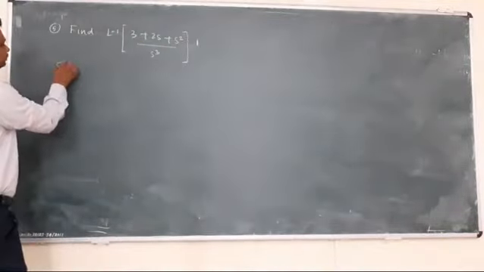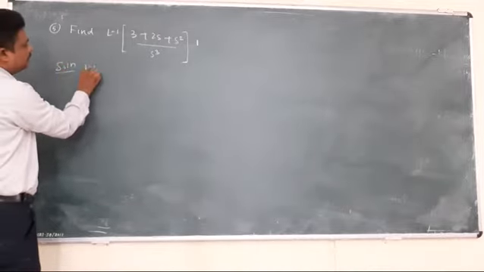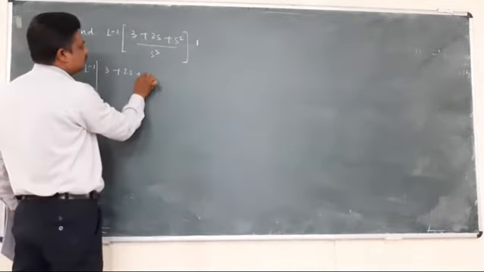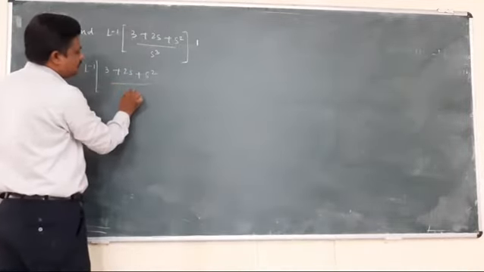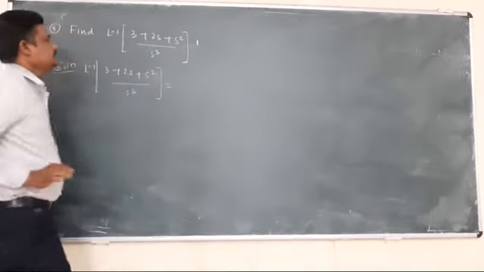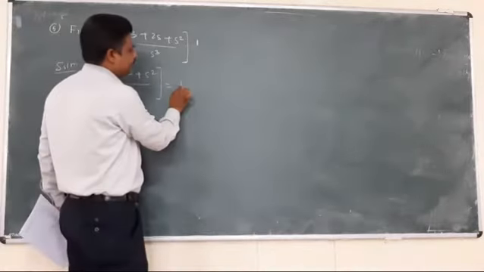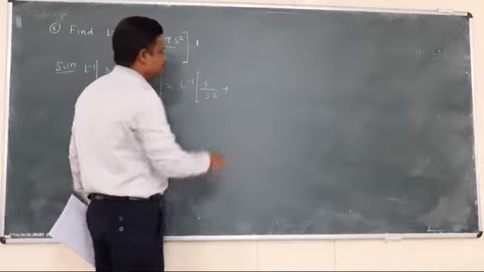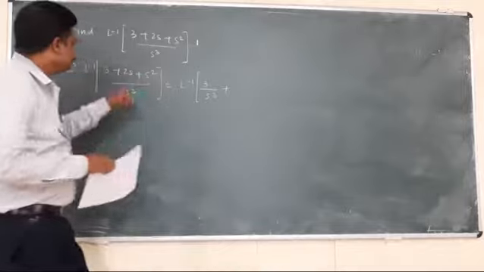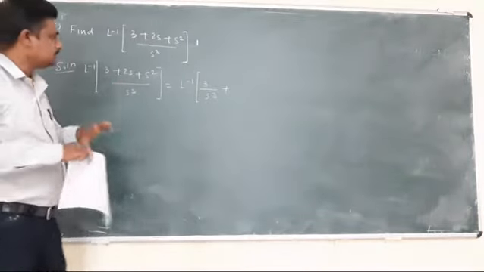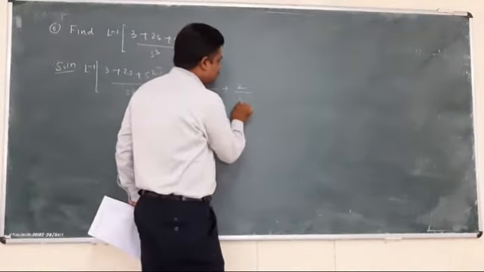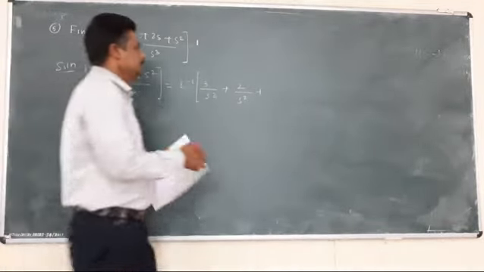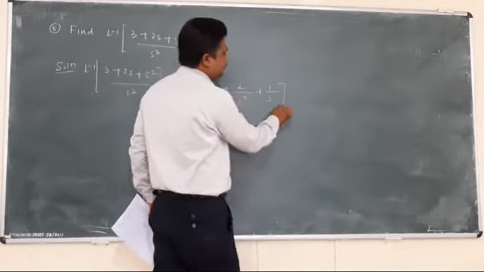Solution: L inverse of 3 plus 2 into S plus S square upon S cube is equal to L inverse of 3 upon S cube plus 2S upon S cube, where S gets cancelled, remaining is 2 upon S square plus S square upon S cube, remaining is 1 upon S.